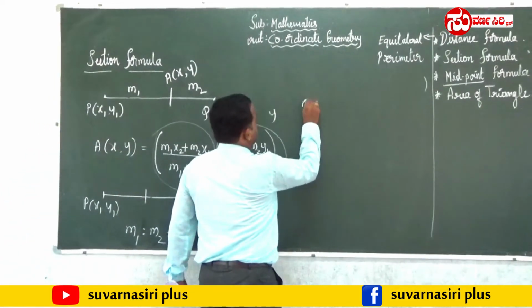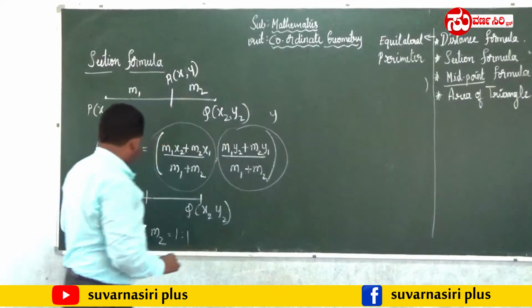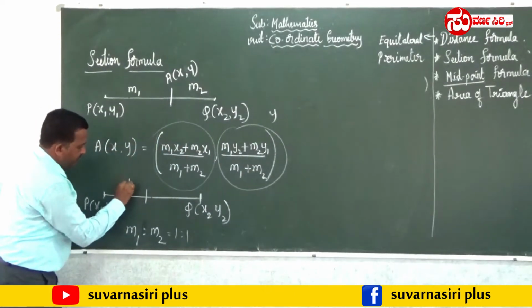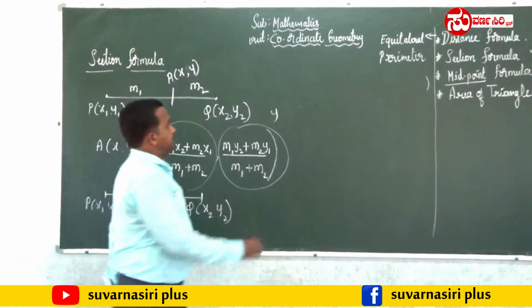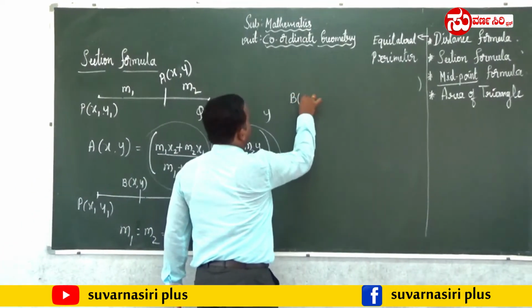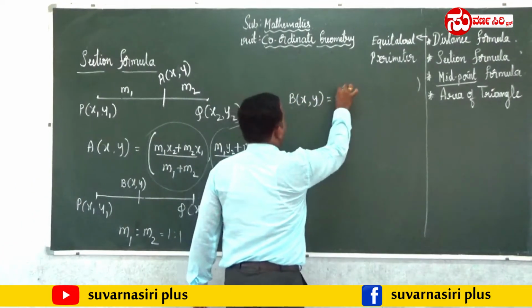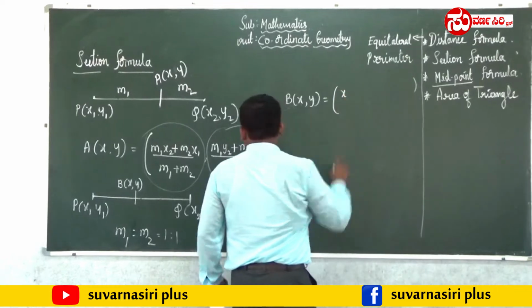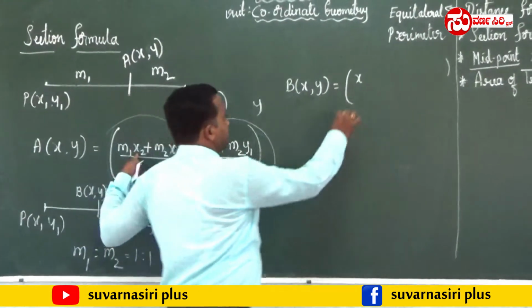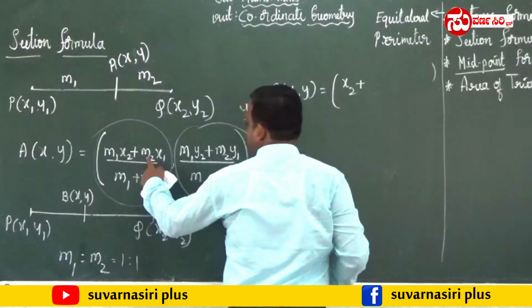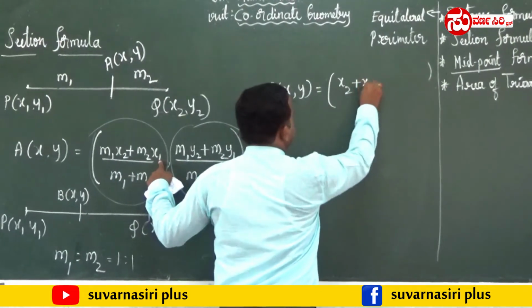we will get a formula. Let us take this as B of x comma y, the midpoint. So the coordinate of B of x comma y will be equal to, since m1 is 1, only x2 remains here. Here m2 is 1, so x1 remains.